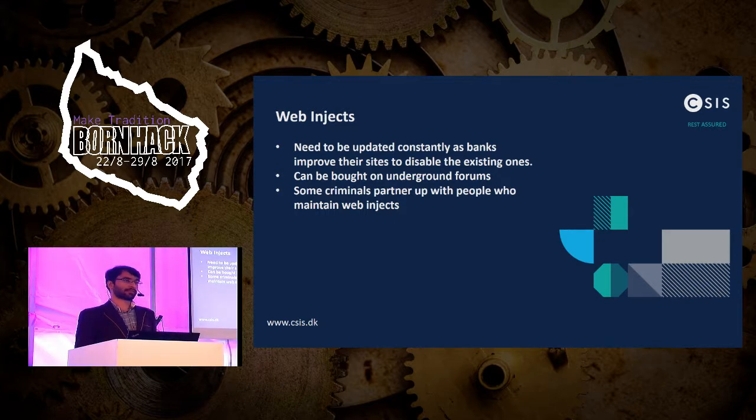They have web injects for all the important banks, and they sell them to people who are running the malware, and sometimes also provide support. The criminals would basically just buy it from somebody rather than developing it on their own. And whenever the bank updates their defenses, criminals update their web inject, and then they use it to continue their operation.